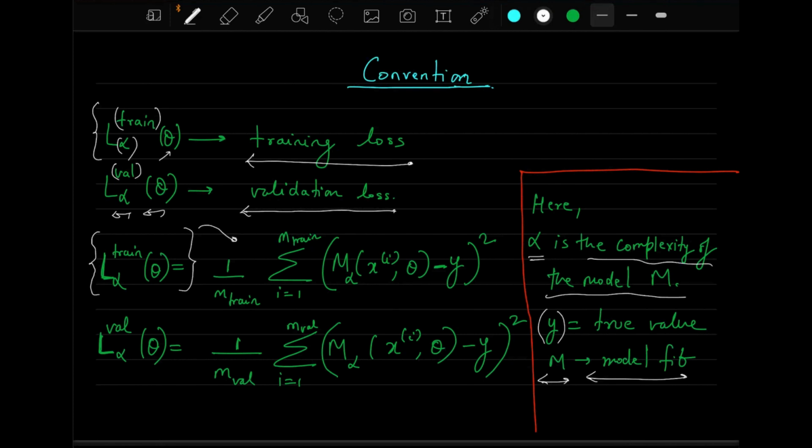Here you are actually calculating the mean square error loss. This is the predicted value of the model and this is the true value. You can see that i is running from 1 to m train and divided by m train. So m train plus m validation is the total samples that you have in the data set.